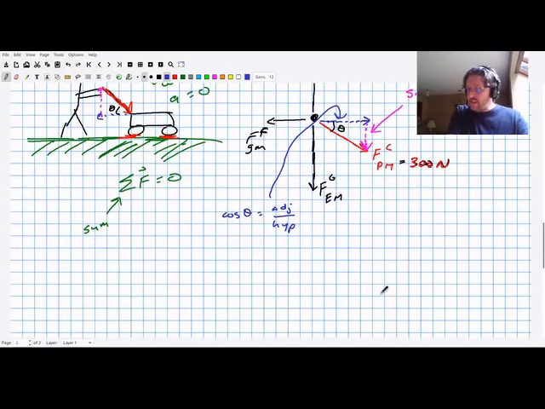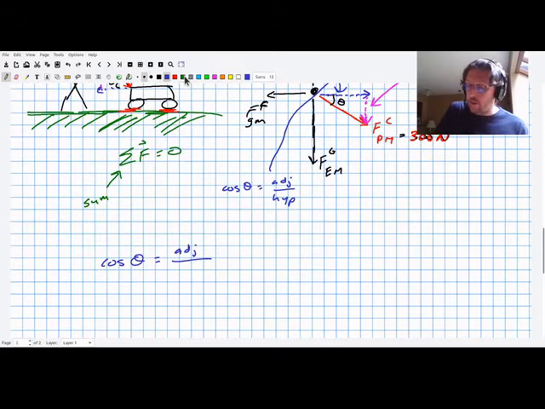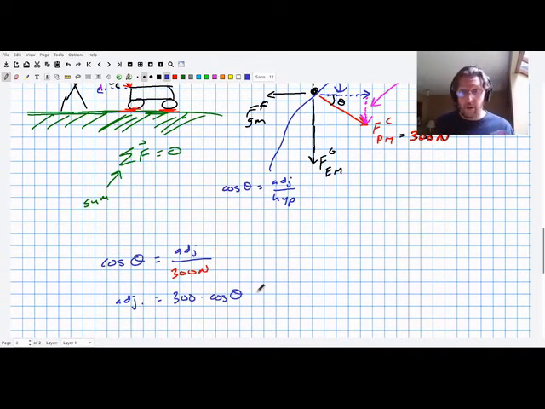Okay, so let's set up those relationships. The cosine of the angle is the adjacent side, that's the horizontal one, divided by the 300 newtons, that is the applied force. That means the adjacent side on that triangle is equal to 300 times the cosine of the angle, whatever the angle is.